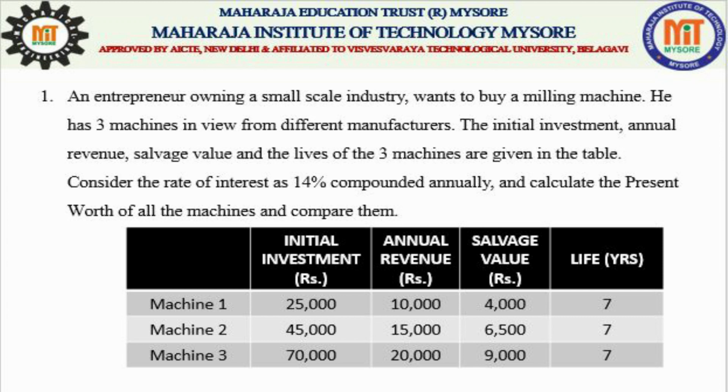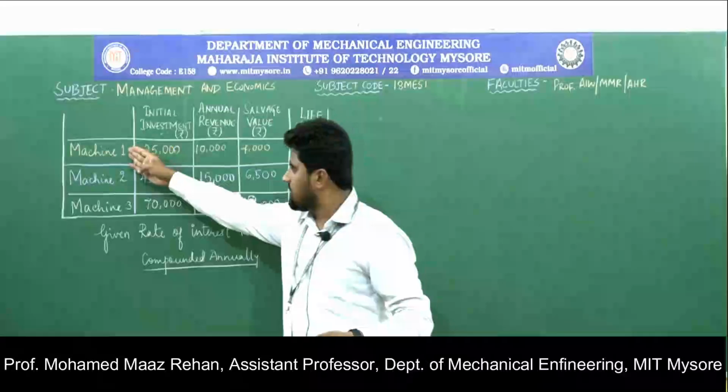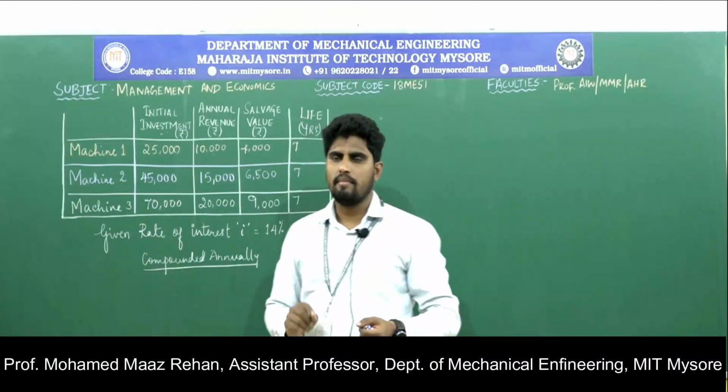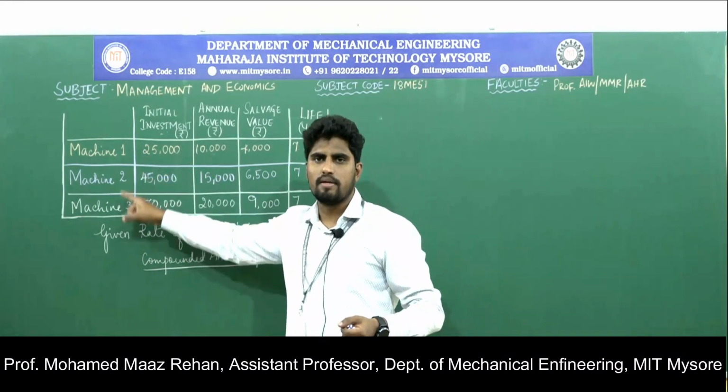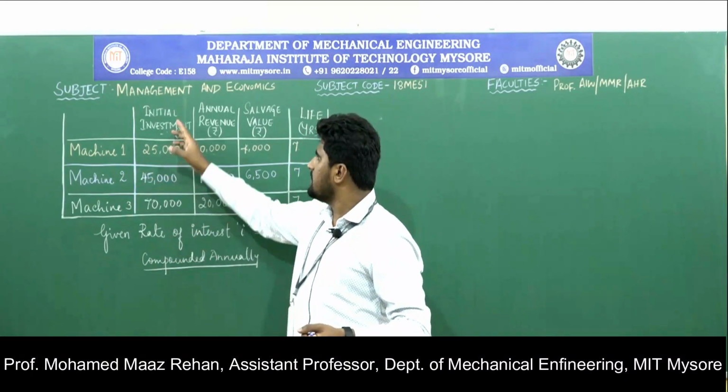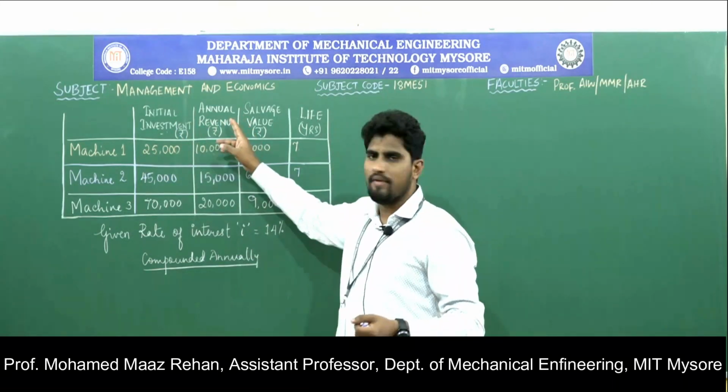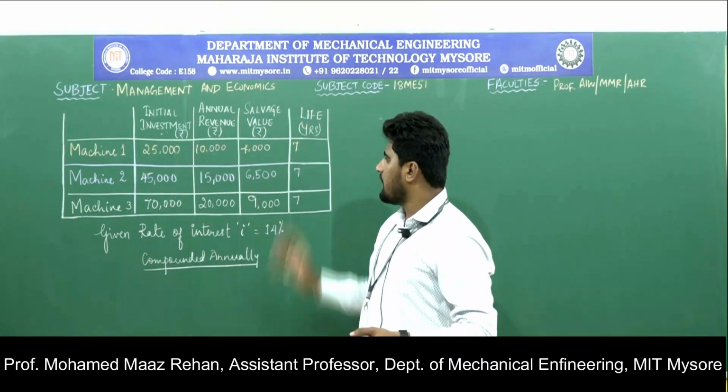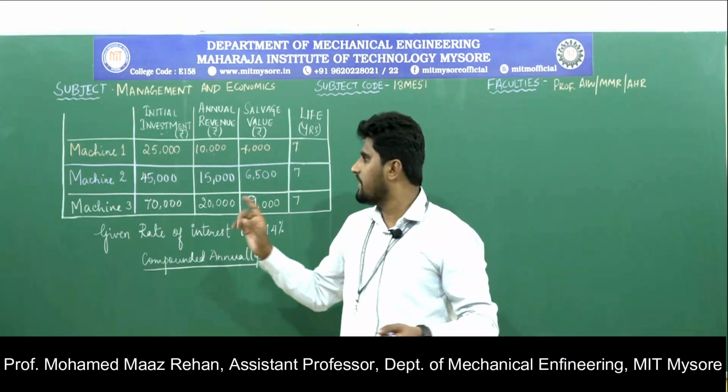We shall solve this problem now. Here we have 3 machines, machine 1, machine 2 and machine 3. These are all 3 alternatives. The initial investment, annual revenue, salvage value and life for the 3 machines are given.